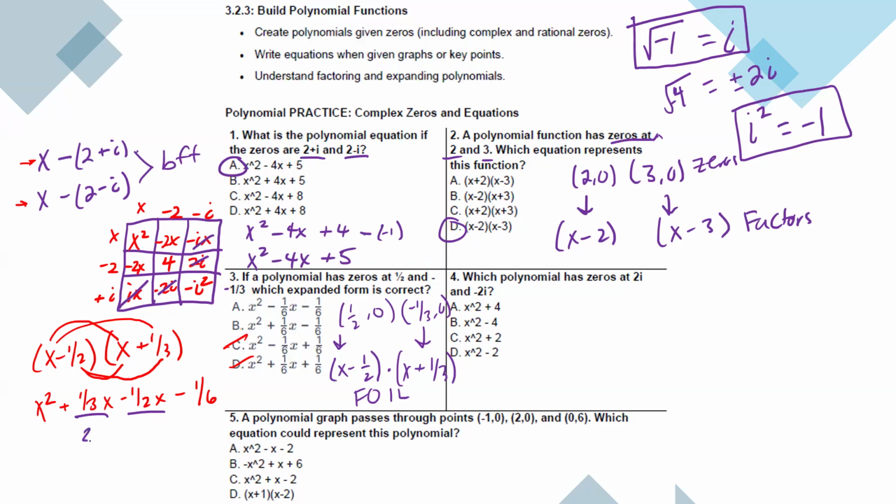So 1/3 becomes 2/6, and 1/2 becomes 3/6. Agreed? And what does that equal? Negative 1/6. So our x's combined to make negative 1/6 x. Which one of our answers has negative 1/6 x? A. So the answer would be A.